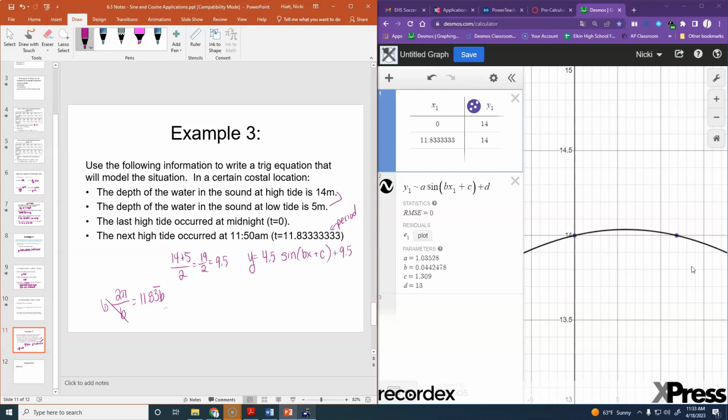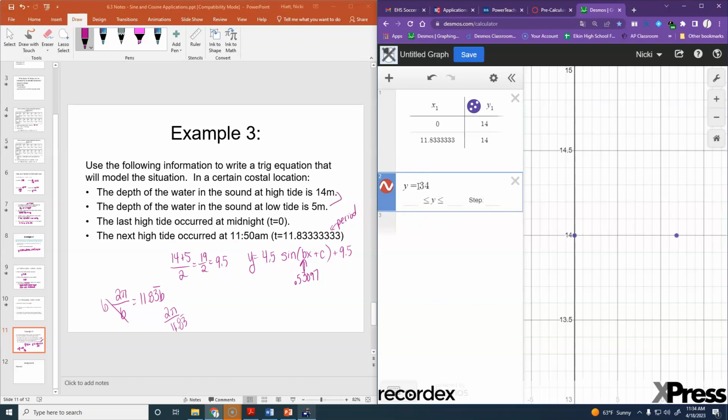You have to do 2 pi divided by that 11.83 repeating. Sorry, I know we're running out of time. 2 pi divided by 11.83 repeating is going to give you 0.53097 here.